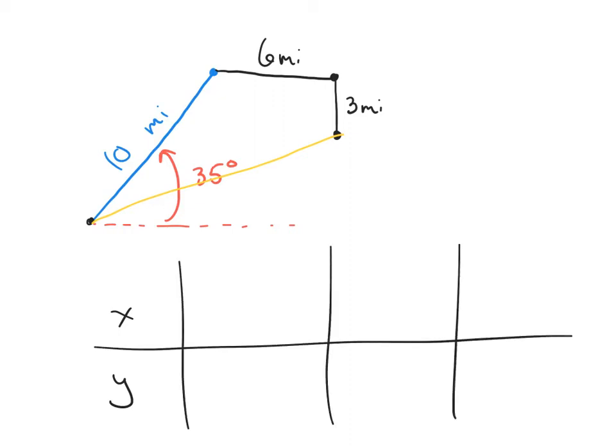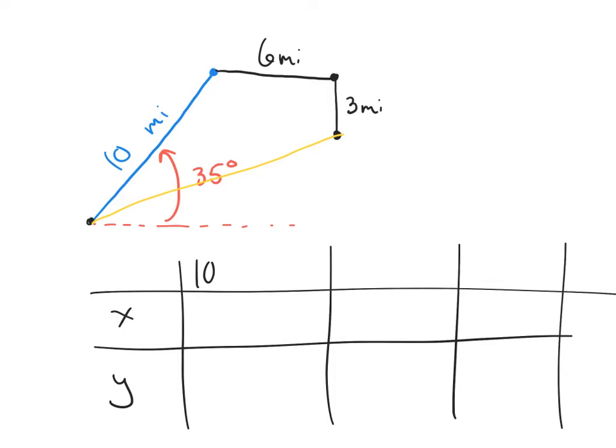In this case, we have 3 vectors overall. The first vector is 10 miles at 35 degrees northeast. The second vector is 6 miles east. And finally, the third one is 3 miles south. Those are the 3 vectors we have to break into components.